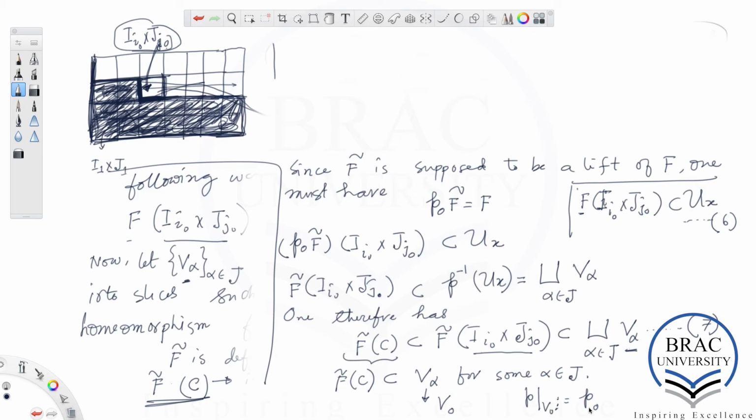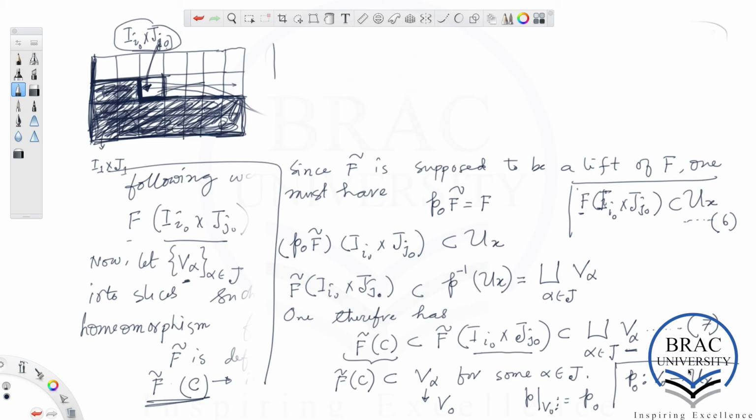We know that P0 is a homeomorphism which maps V0 homeomorphically to U sub X, right? So P0 is a homeomorphism from V0 onto U sub X. Okay, good.